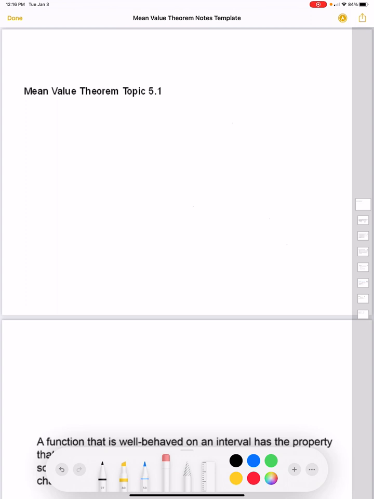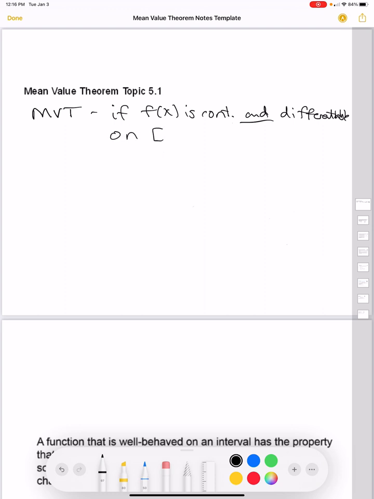All right, today let's take a look at the mean value theorem. And the mean value theorem, I'm going to call it the MVT, says that if a function is both continuous and differentiable, it has to be both, on the closed interval a to b, okay, and I meant to say there if it's continuous on the closed interval and differentiable on the open interval.